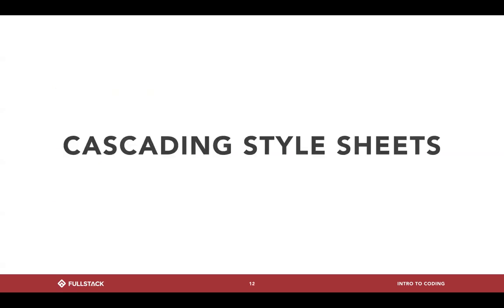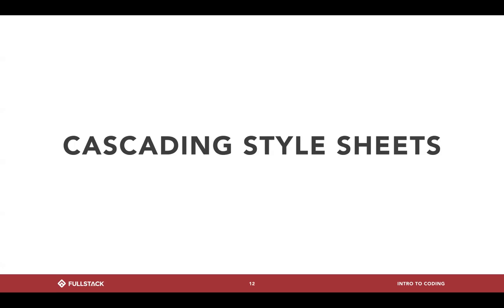So cascading style sheets. There's a reason they call it cascading style sheets. When you load in your styling, when you load in these sheets, you can do it one by one. You can have multiple CSS files that you apply to an application, and they load in one by one.